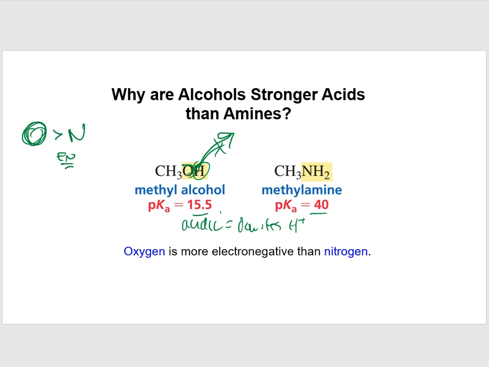Well, compare that to the amine. The amine is a nitrogen-based compound, right? Everything else is pretty much the same, except the N and the O. So nitrogen is less electronegative. It's less electron greedy. The electrons in those bonds, well, it wants them, but it's not going to treat them like oxygen does.